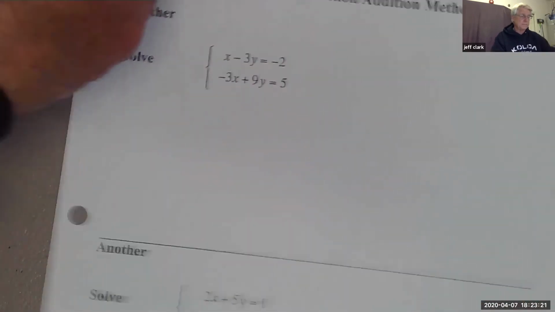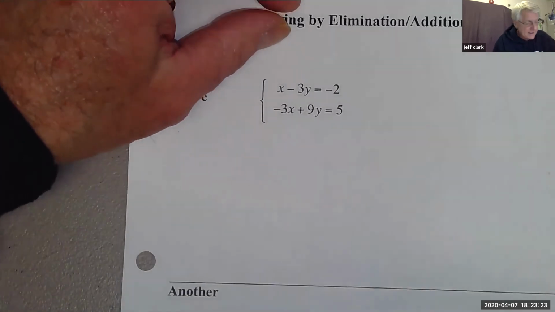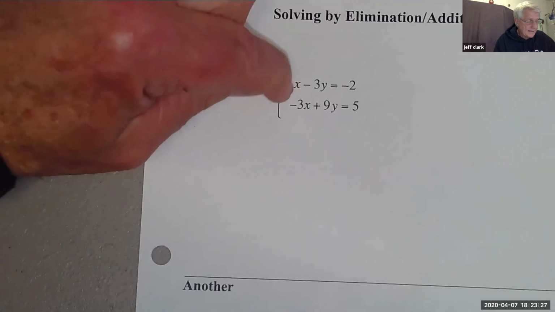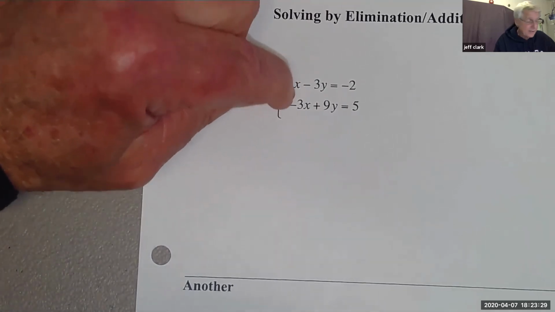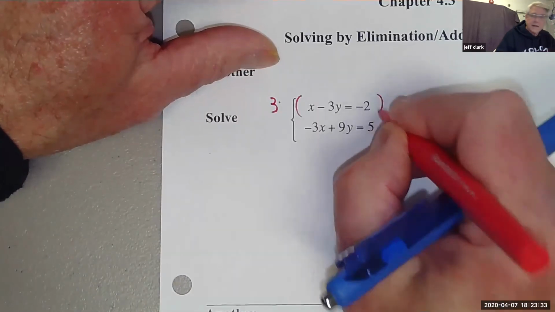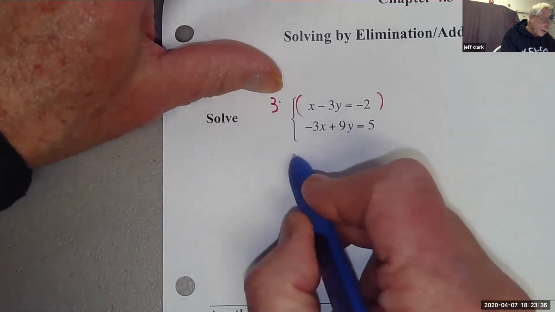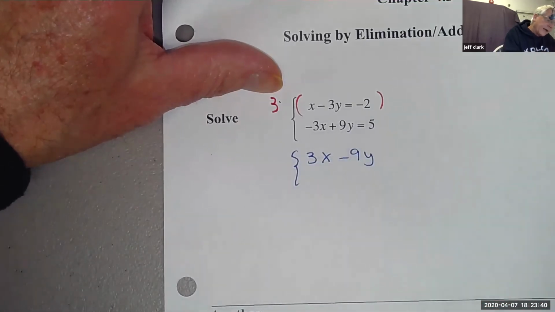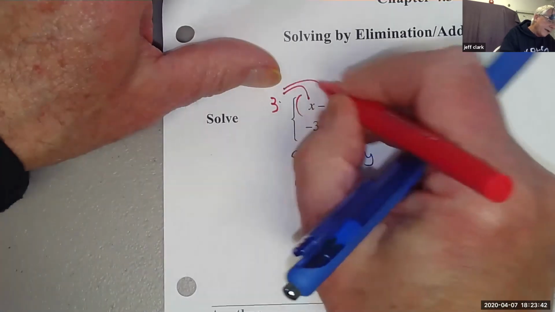All right, let's see if we can do one more. Okay, let's take a look at this one. Let's look at making the x go away. So let's make this a 3 here, so that when I distribute the 3, don't forget, give the 3 to all 3 pieces.